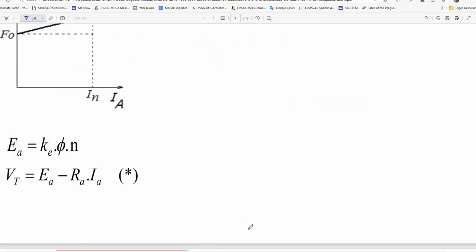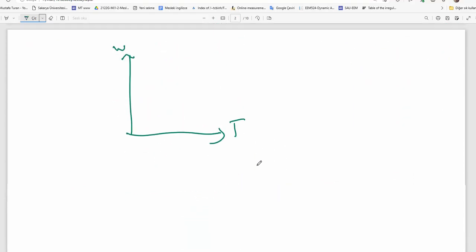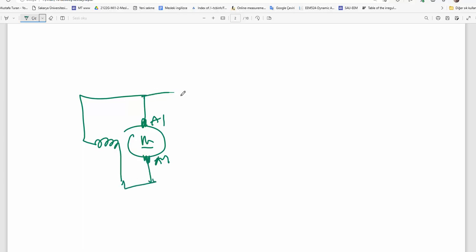Let me remind you, how can you manage differential and cumulative? Motor, here is the armature, here is the shunt coil, and here is the series coil. Let's assume that those are in the same direction, so that is cumulative compound.